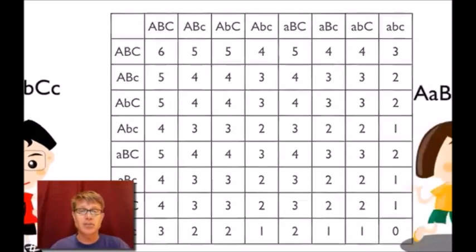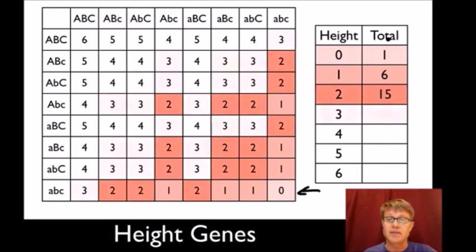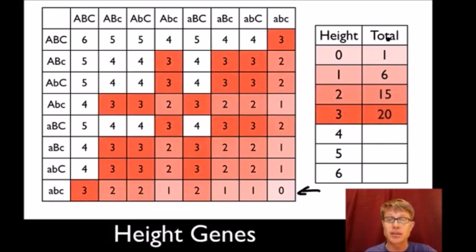But let's step through the probabilities. If they were to have 64 kids, we would expect that only one of those would be super short, only one would be little a, little a, little b, little b, little c, little c. So there's a 1 in 64 chance. Then 6 in 64 with 1 high gene, and 15 in 64, and now we're getting into big numbers.